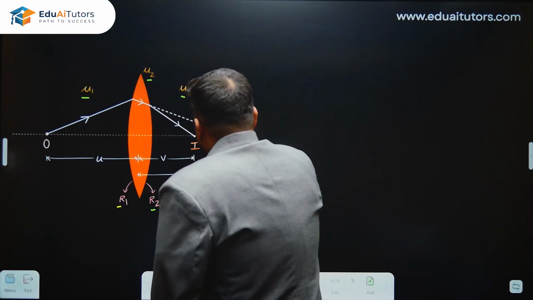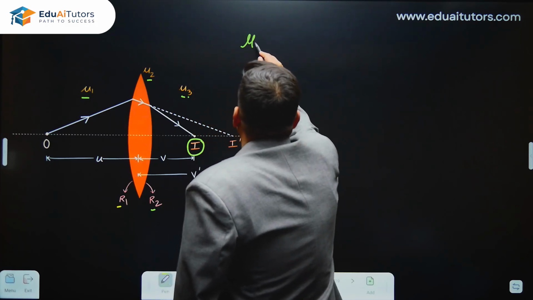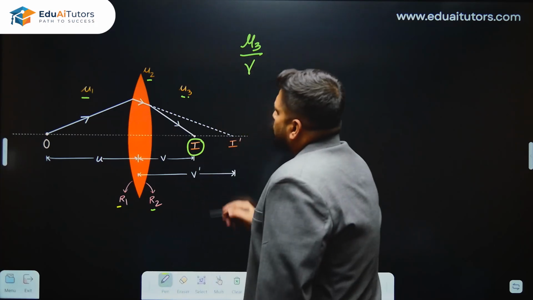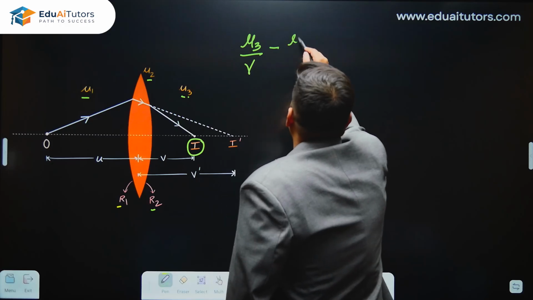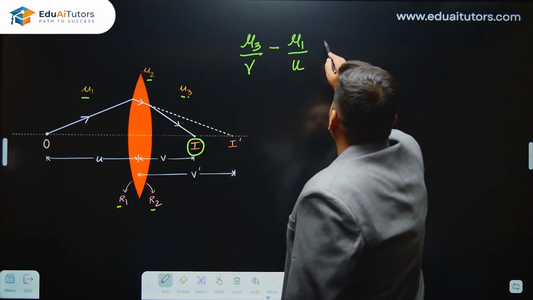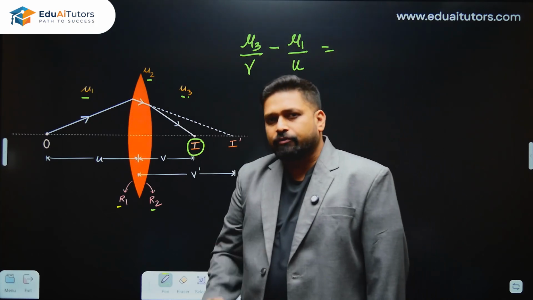Where is the final image getting formed? Final image is getting formed in mu3. So I'll write simply mu3 by V. Where is the object located? Object is located in mu1. So I'll write mu1 by U. Now, here comes the trick. Is equal to, now how many surfaces do we have? We have two surfaces.